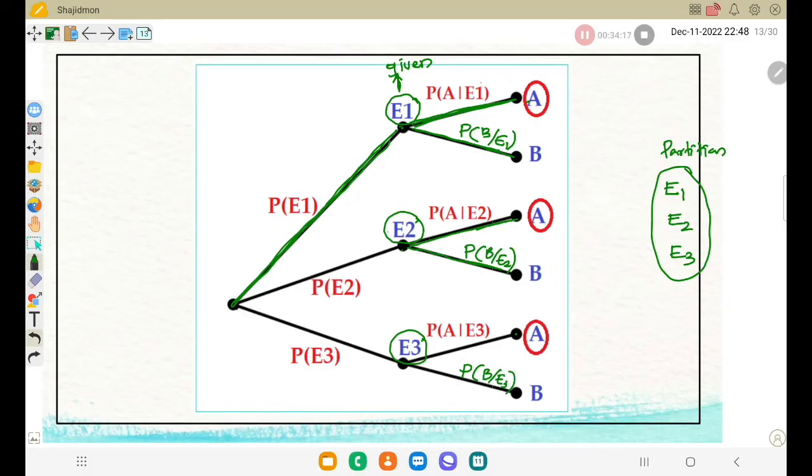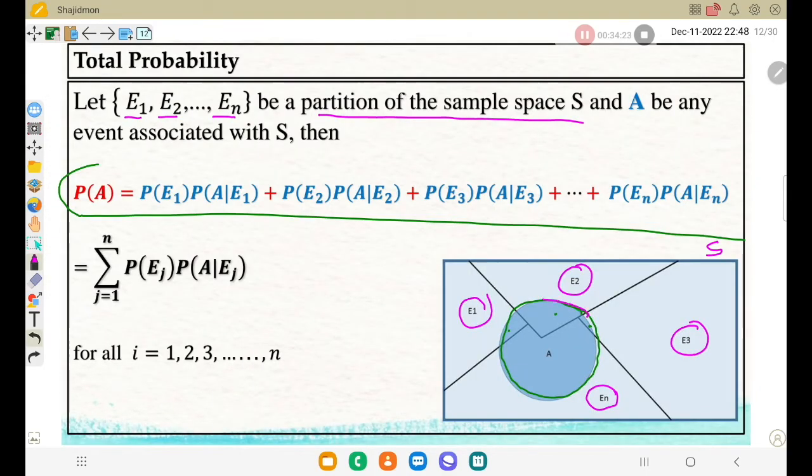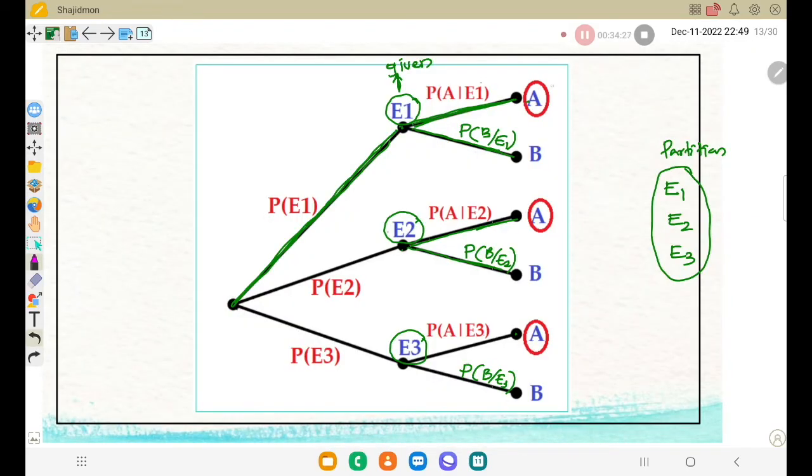Now see, if you are taking one event represented by A, see this figure, we have taken one event, we are calling it A. Here I have marked that event. See, I just circled A. Okay, it is coming in all partitions like this. So if you want to find the probability of this one, we need to calculate the total probability, correct?